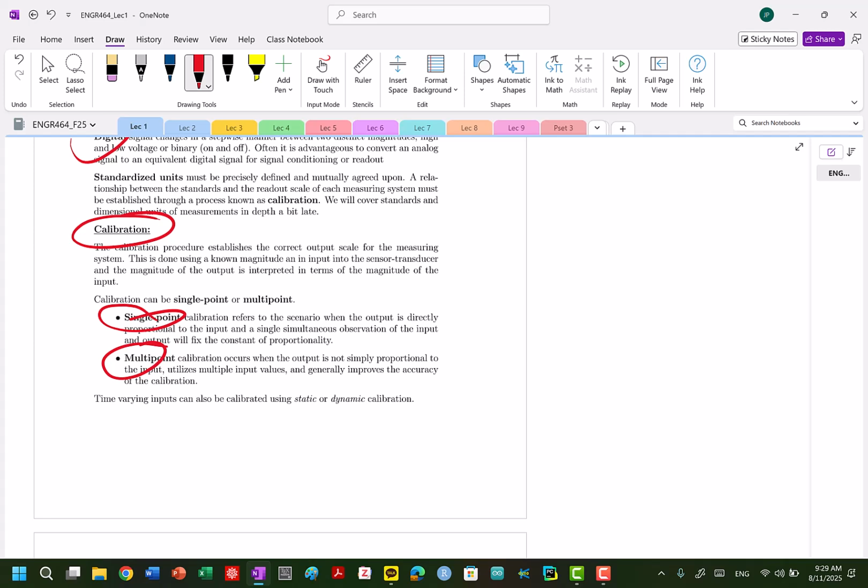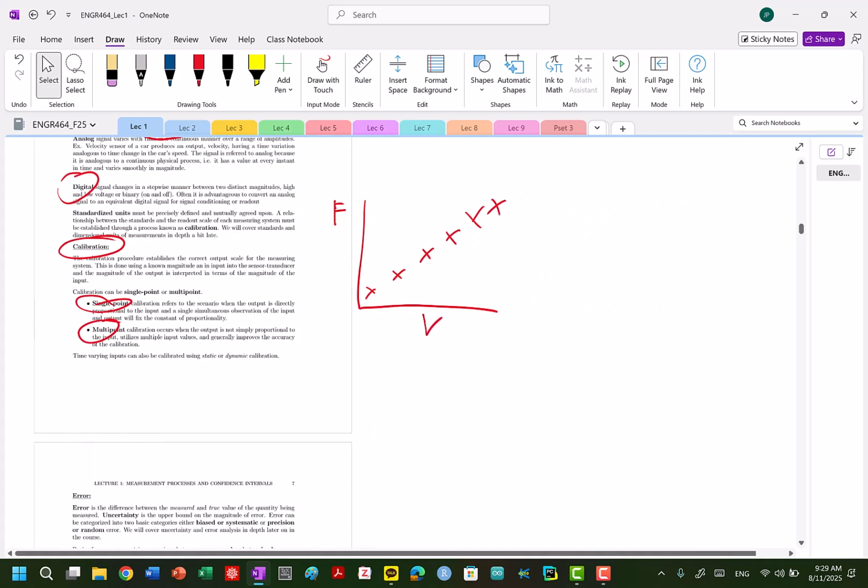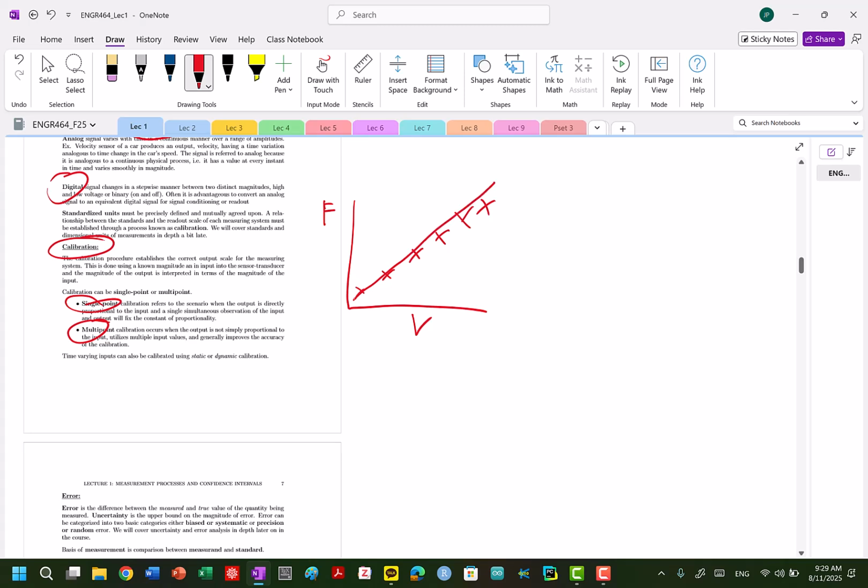My big thing for calibration, if I'm, for example, calibrating a force value versus a voltage, like you will be doing in your load cell lab, if I'm doing a multi-point calibration where I'm doing this conversion, so let's say I have points here, voltage increases here. If I calibrate and I fit a curve, and let's say it's between 0 and 10 volts.